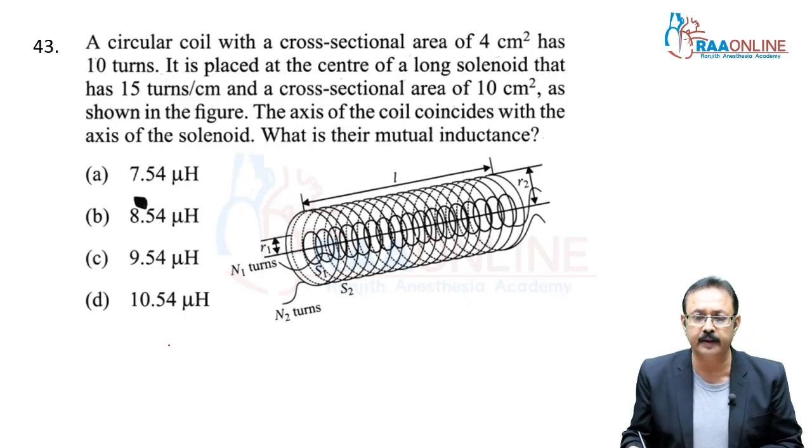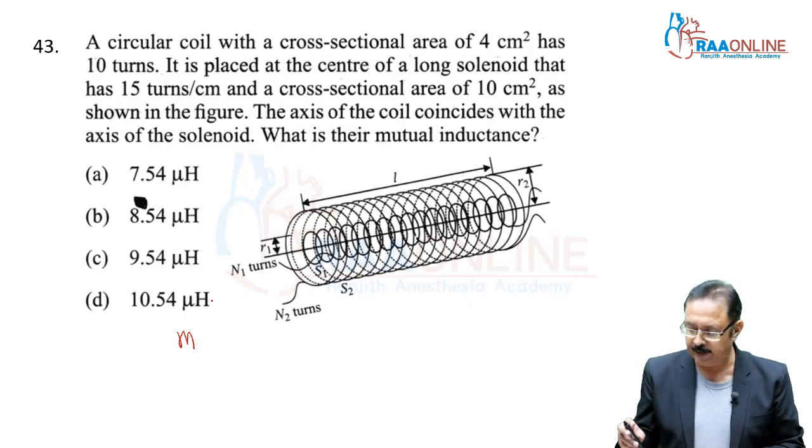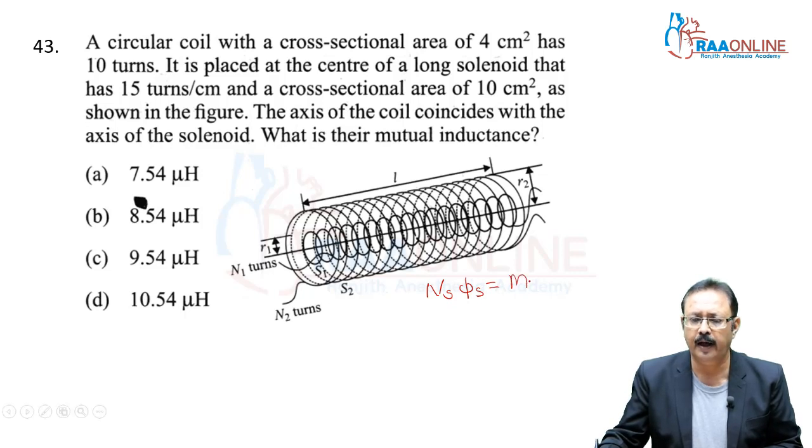Basic formula is there. N phi is equals to M i. We want to calculate M. What is phi? Phi is B into A. And what is B?